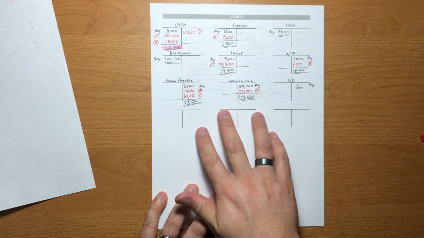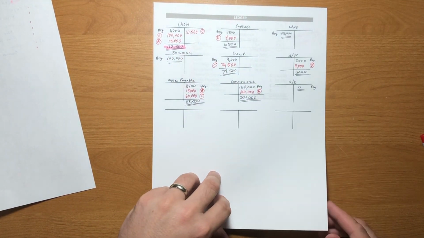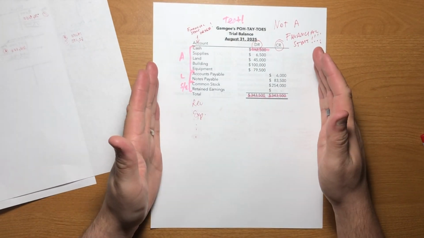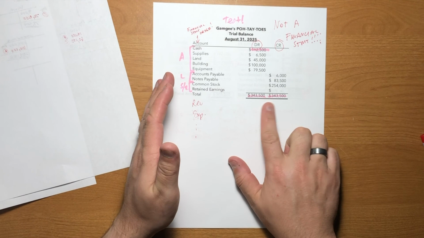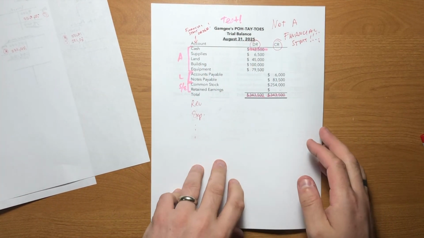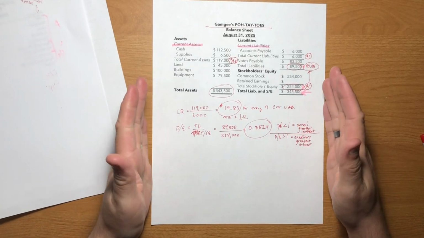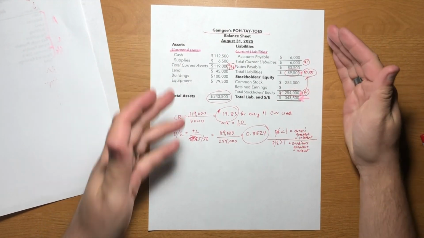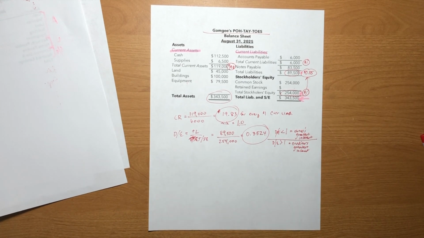We take these balances and we prepare a trial balance to see if our equation is balanced. And then from our trial balance, we can build our financial statements that we can give to people. So these are the first few steps in the accounting process. And we're going to learn more about the process and more about the statements as we move forward.